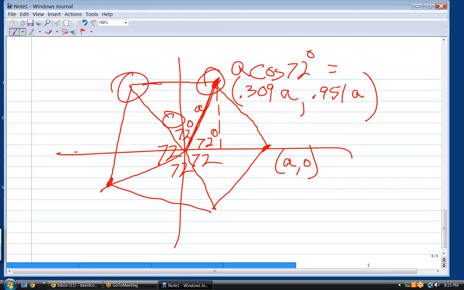So that angle is 54 degrees. Now you use your same trig functions. This point is going to have a negative x coordinate, we can see for sure. It's going to be the cosine of 54 degrees times a. That's the x coordinate. The y coordinate is going to be positive, sine of 54 degrees times a.